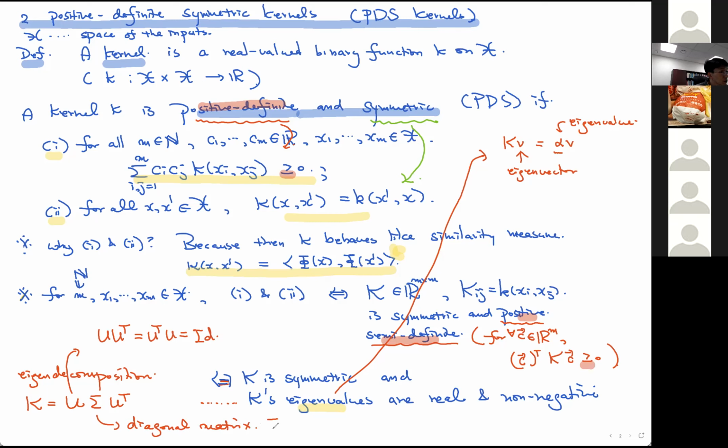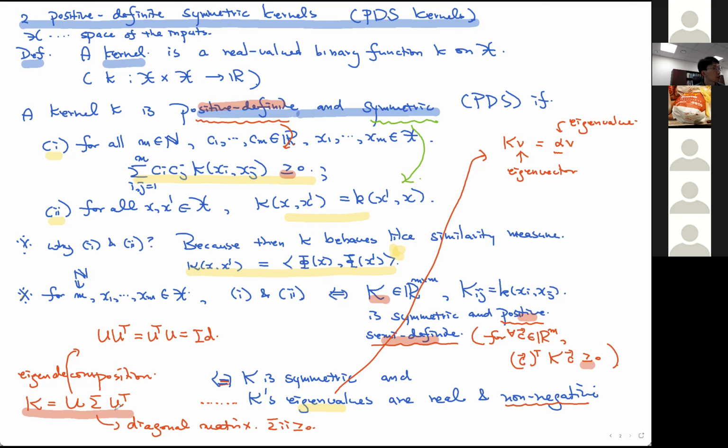Such that all of its diagonal entries, because eigenvalues are non-negative, will be greater than or equal to 0. So if you have a kernel, and if you build a matrix K here, that matrix K will have this decomposition. And we're going to use this decomposition later to show that certain constructions on the kernels produce a kernel.